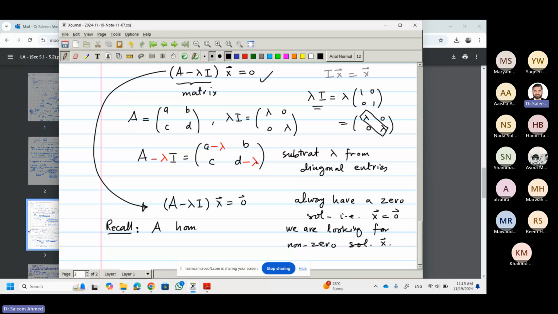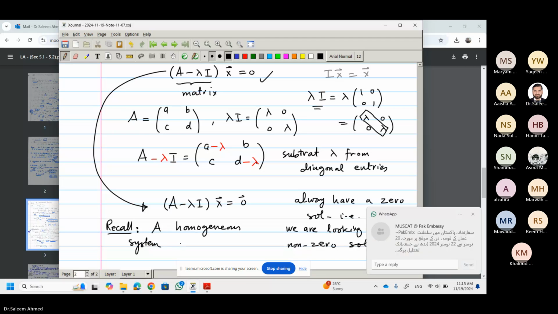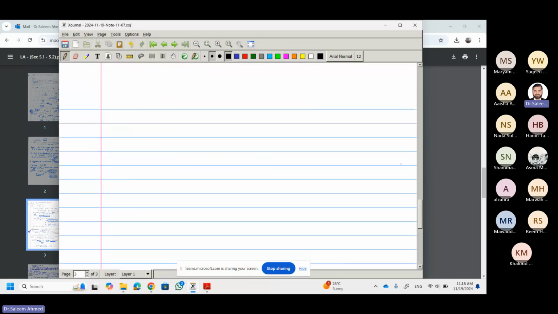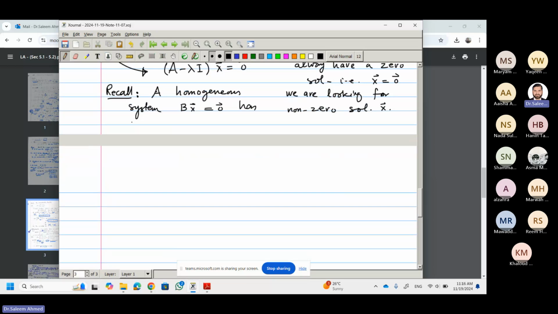A homogeneous system, let's write it Bx equal to 0, has a non-trivial solution, non-trivial means x not equal to 0, only if B is non-invertible.